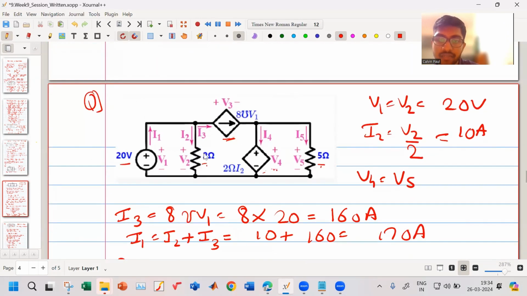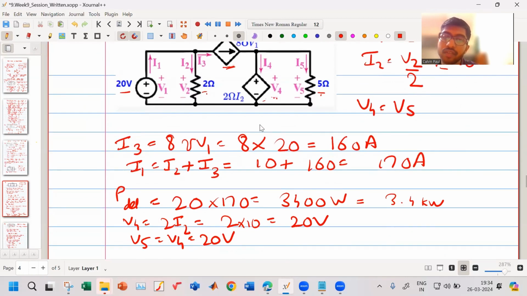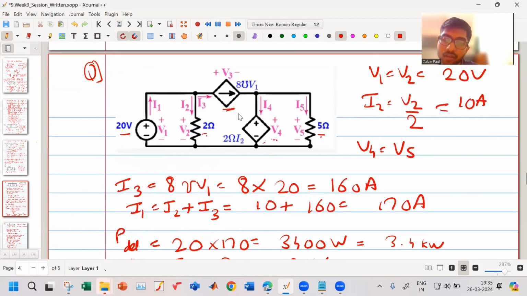And then in this case, again, many labels are given, but there are two dependent sources and a single independent source. And we found out the currents and voltages across the different branches. After we found that out, we were able to compute the power delivered by these dependent sources, as well as the power consumed by the resistors.